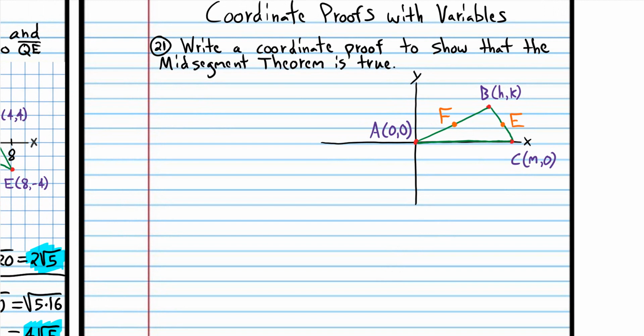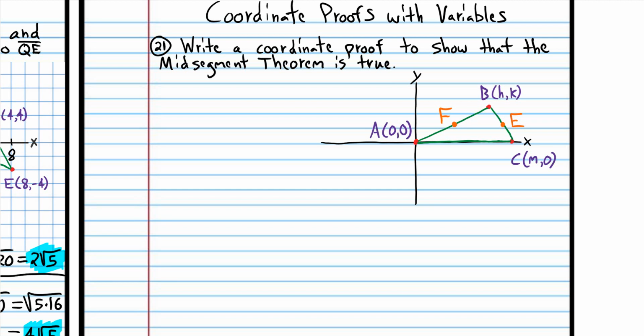So we have to find the coordinates of F and E. Then we're going to find the length between F and E. And we're going to show that that length is half of the length of the non-included side. And we're also going to show that this segment is parallel to the non-included side. So first, let's find the coordinates of F and E. That's the first thing we need to do.